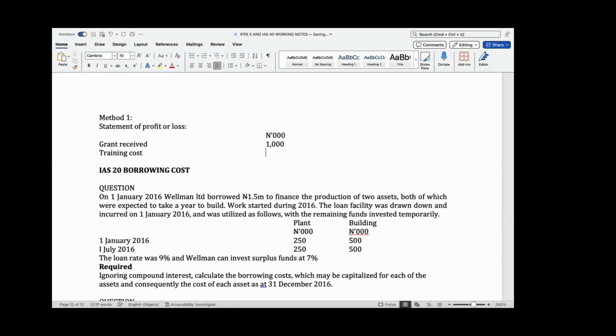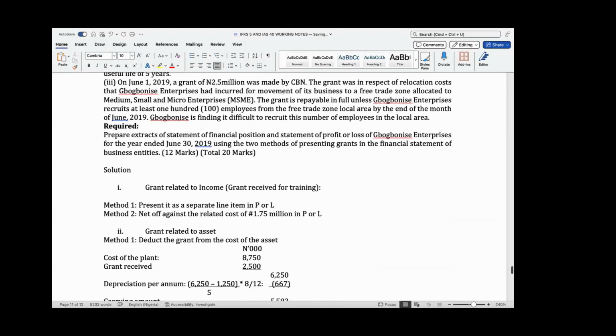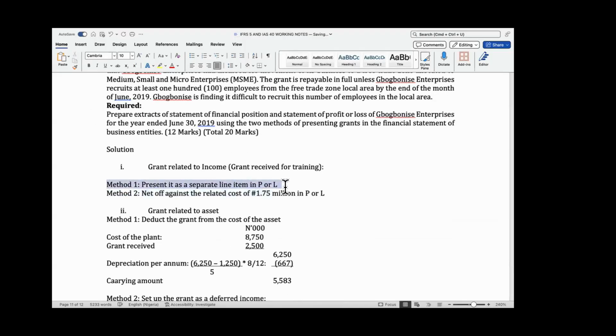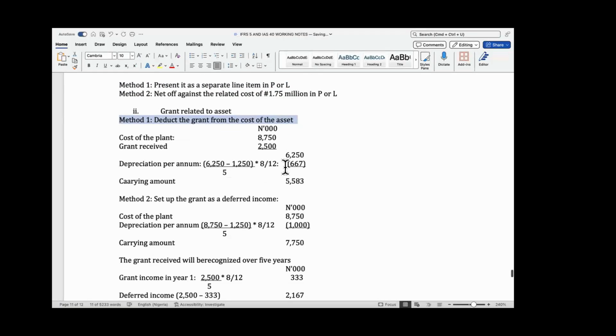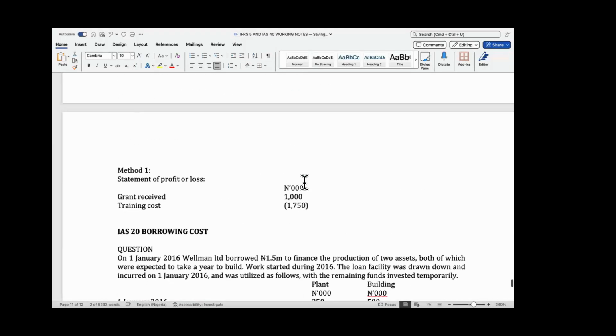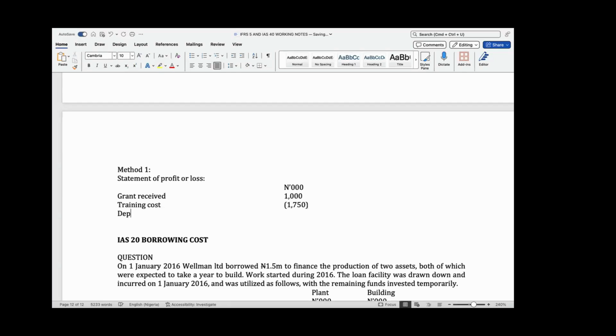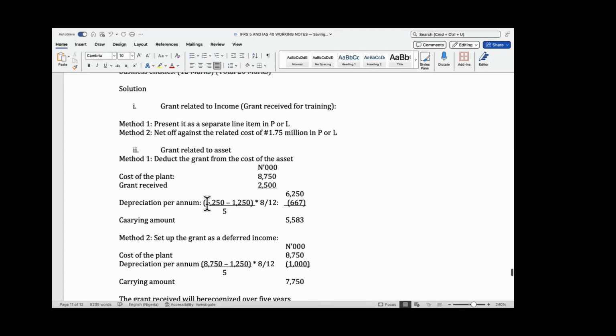Those training costs on 750. For method 1 here, I will recognize depreciation of 667 on the second grant. Depreciation of 667, that's the only thing that goes to P&L.